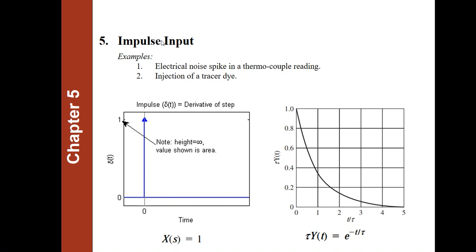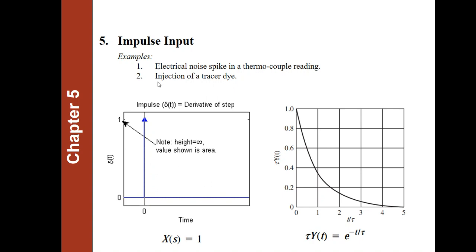If the pulse happened for a very, very brief amount of time, or the disturbance happened for just a fraction of a second, that could be approximated to an impulse input, because the output that you will be getting if you approximate it to an impulse input is more or less the same as that when you represent it by an actual pulse. In actual, it should be represented by a pulse, but since it only happened for a fraction of a second, we have the option to use the mathematical approximation, which is the impulse input.